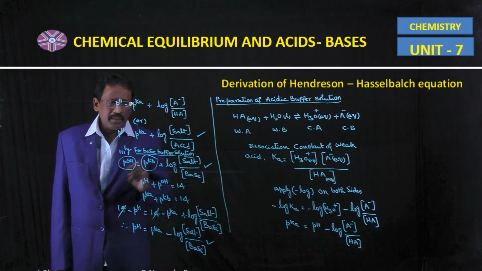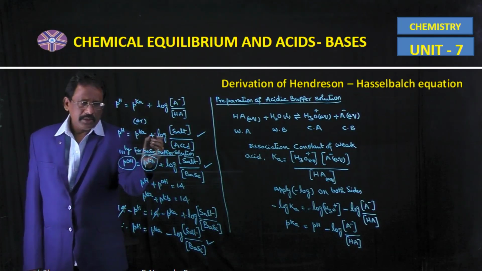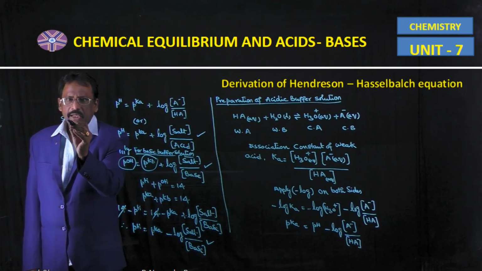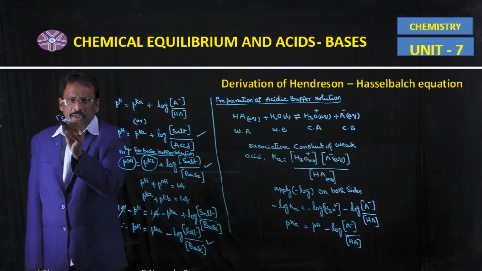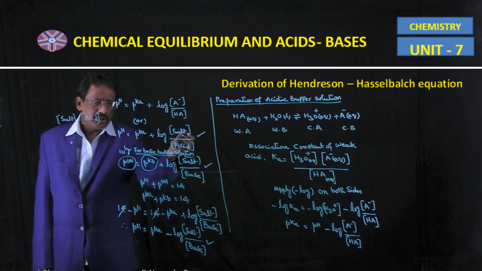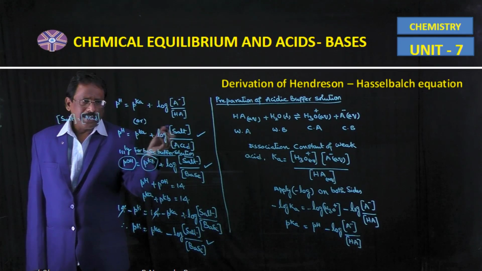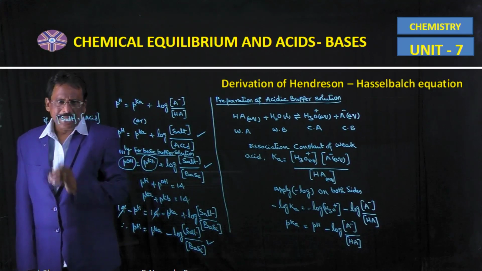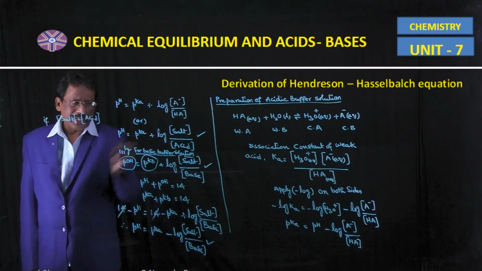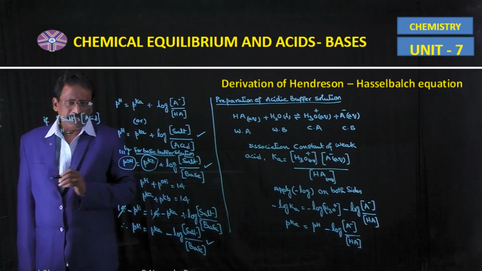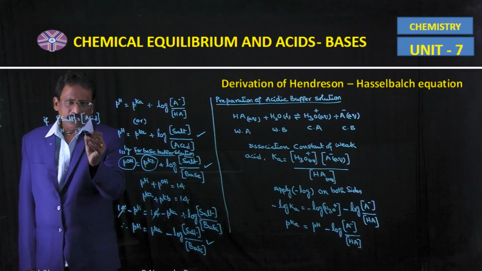In this expression, if the active mass of the salt is equal to the active mass of the acid, these two cancel together. Log 1 is 0. Therefore, the pH of the acidic buffer solution is equal to pKa.